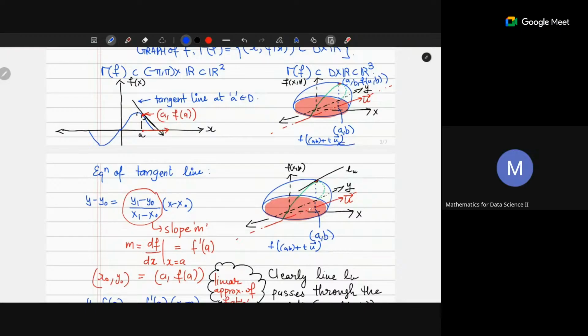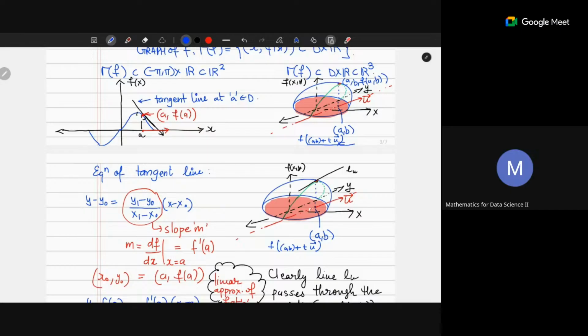It is an affine line, you may say. It is not the line that passes through the origin. It is a shifted line, and it is one variable because it is t times a scalar multiple of one vector. So it is one variable, as we have seen in the Lie algebra. Only the variable is t here.